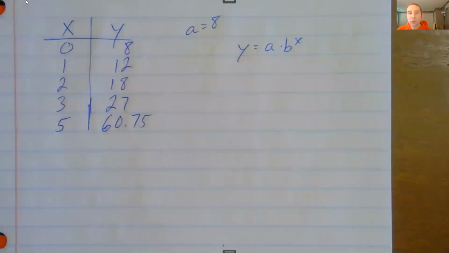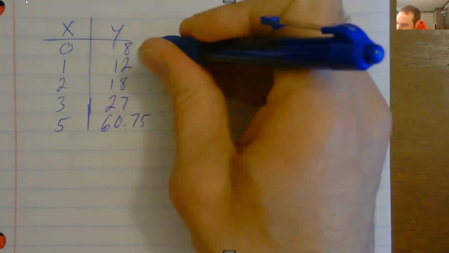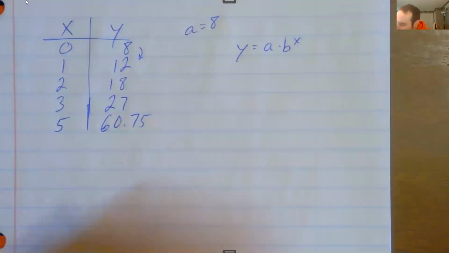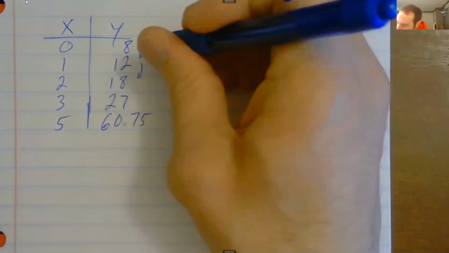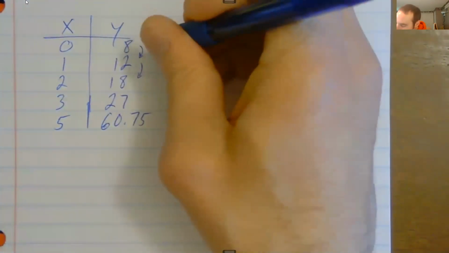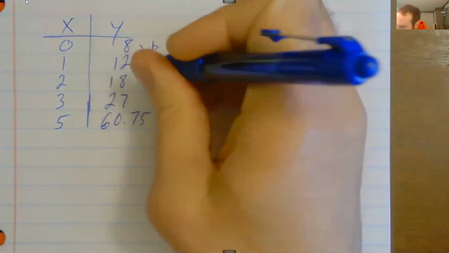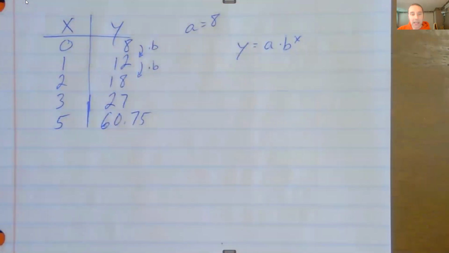What you have to remember, especially when we dealt with sequences, is the multiplier is whatever I multiply by to get from here to here, or from here to here. Sometimes we called it r when we were dealing with rebound ratios for those bouncing balls. But in this case, we're just saying I multiply by b to get from there to there.